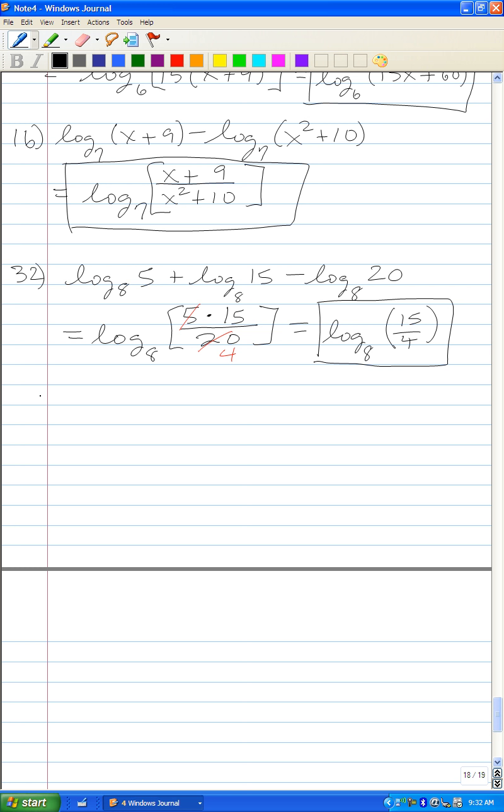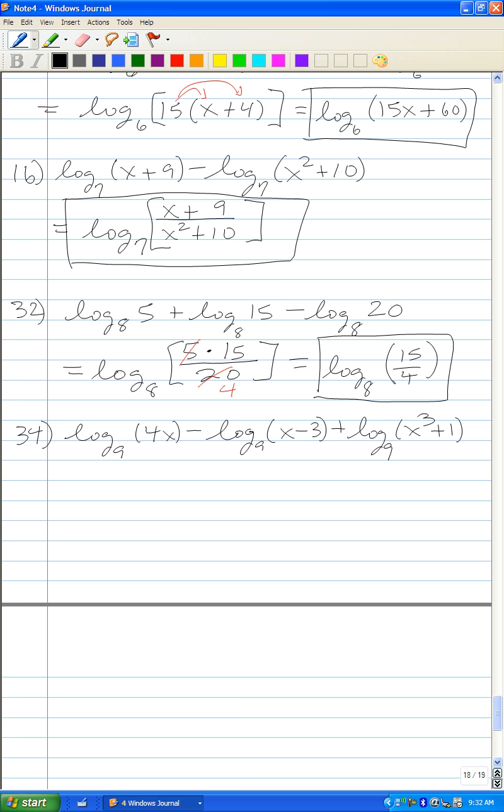34. Log base 9 of 4x minus log base 9 of x minus 3 plus log base 9 of x cubed plus 1. Okay, so let's simplify this.